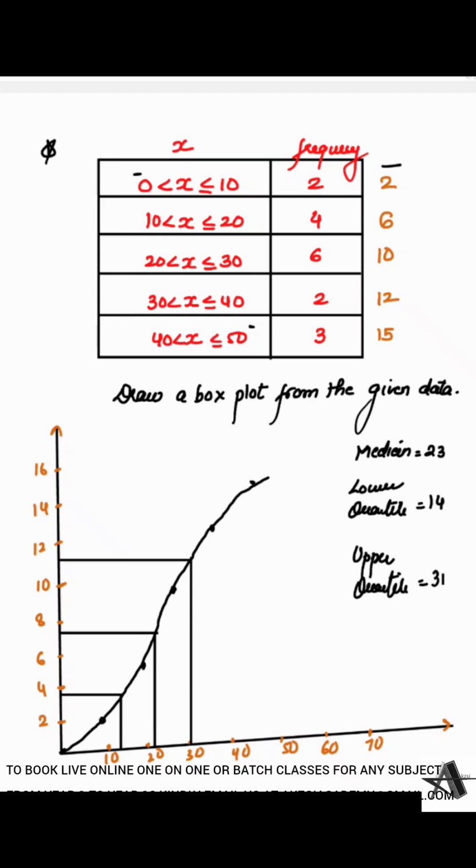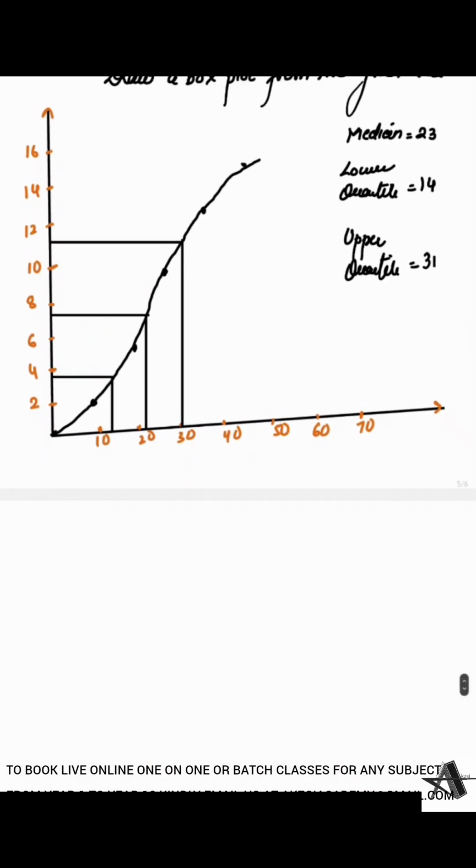Now let me draw a box plot. For that we draw the scaling. Here I'm drawing a scale. In the next class, when we'll be doing worksheets, I'll do it on graph paper to get a very proper answer, but I think this has given you enough information on how to draw it.